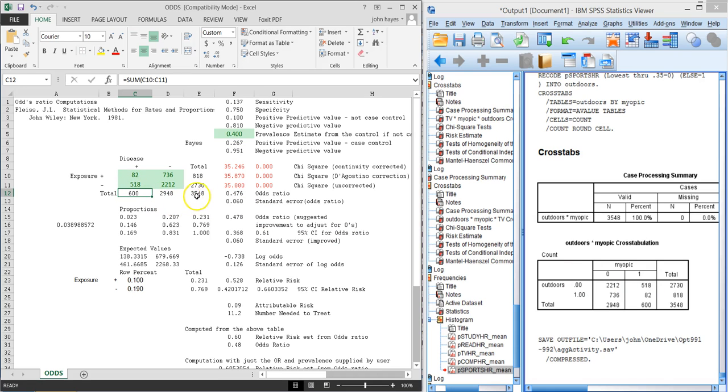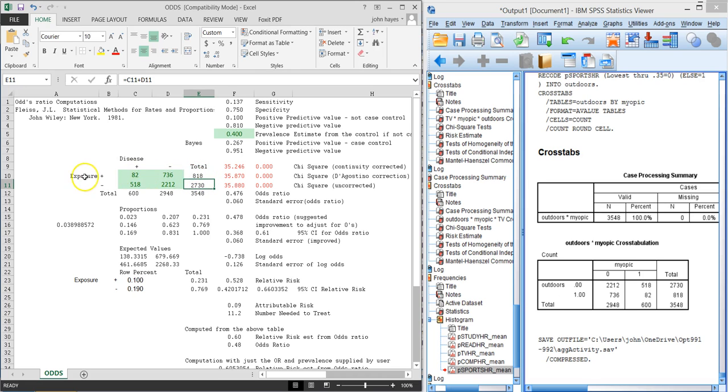Now notice that the totals were updated. We have 3,548 total subjects. So our data match. You should always be sure your data matches the totals, and so you get the right answer. Now, these little numbers over here are marginal totals.